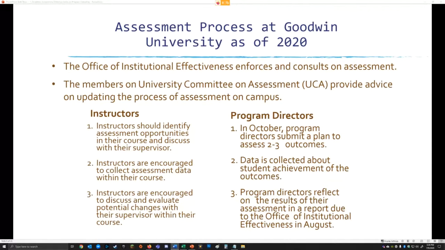So I could come up with an idea, talk with my supervisor about it, see what they think. From there, typically a pilot assignment or pilot activity is done to gather some data to see how it's going. And then you'd be able to look at that information with your supervisor and hopefully implement some change into a course. So that's typically how it's done at those 2 different levels.